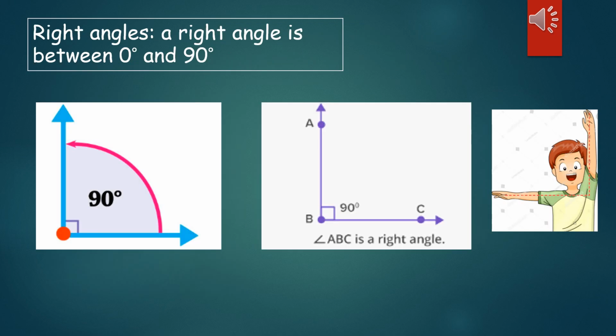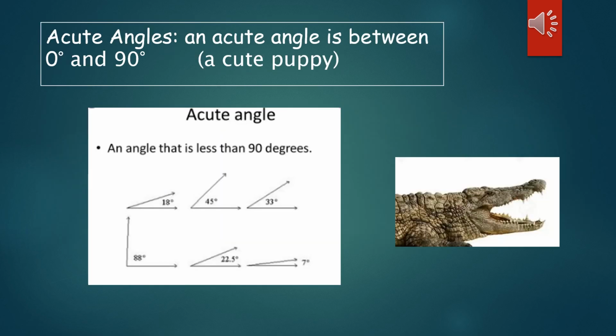Right angle. A right angle is exactly 90 degrees. We always write a little square in the corner or vertex to show it's a 90 degrees angle. Acute angle.